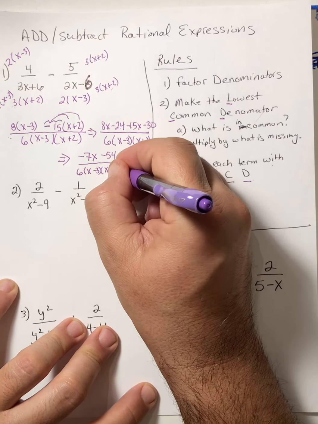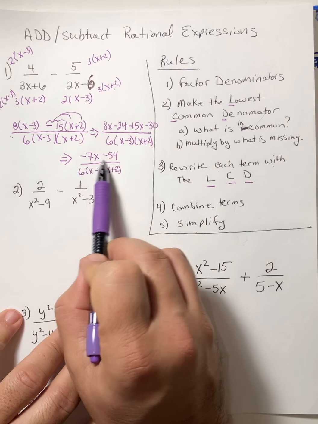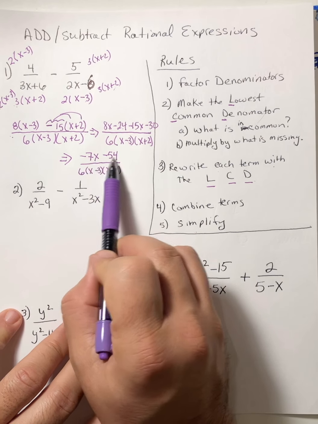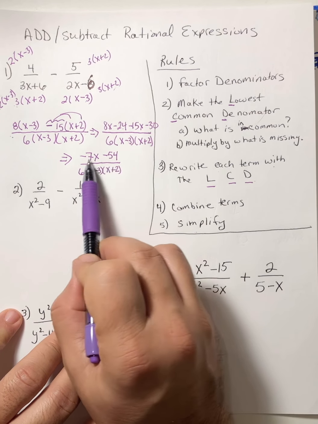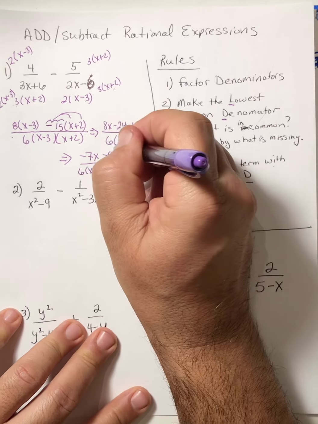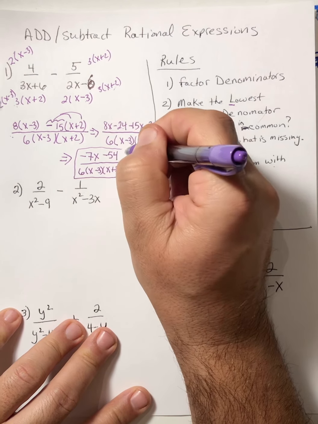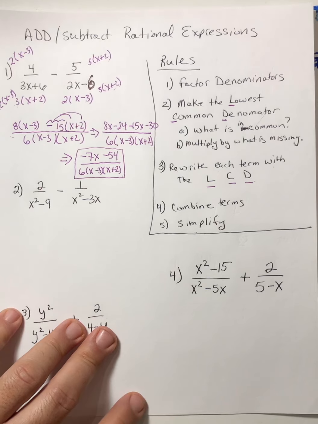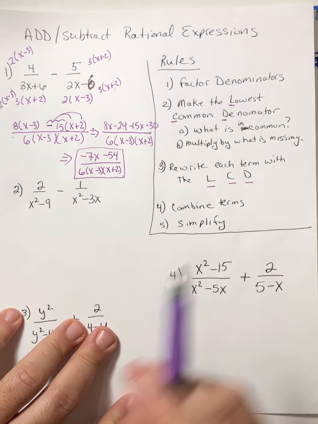And then we would simplify. Well, look at this. Other than pulling out a negative 1, negative 7x minus 54, we can't do anything with a 7 and a 54. So this problem's done. That is in simplest form. Okay? So we did everything.